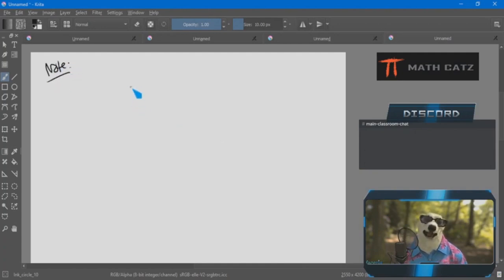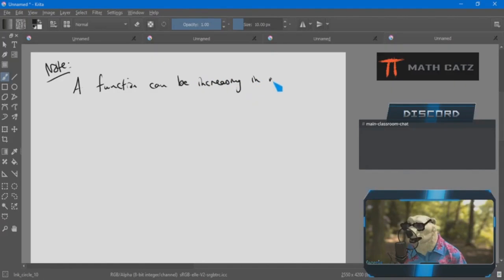If I just stop at increasing, decreasing behavior, notice that I can have many graphs that are, for example, increasing. A function can be increasing in many ways. Let's visualize that.